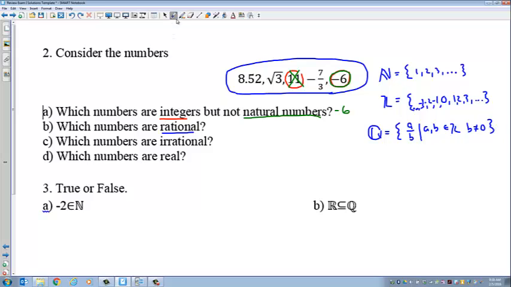That's one way to write them. Another way to explain what they are is to say they're numbers whose decimal expansions either terminate, so they end, or they do repeat.